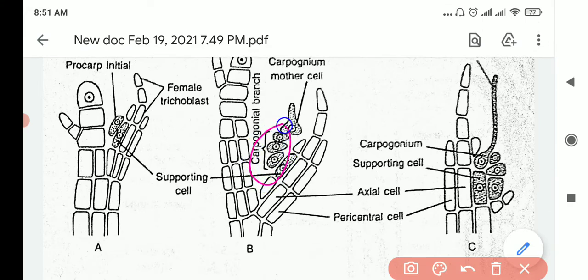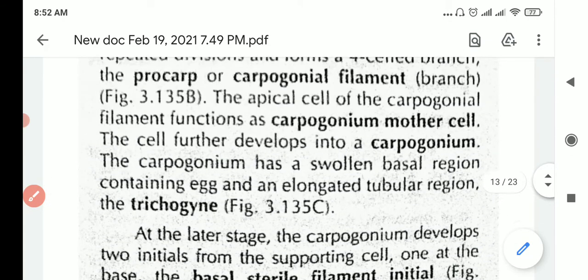These cells came from the procarp initial. This initial divided to form the carpogonial branch. Then this one, the topmost cell of the branch, will form the carpogonium mother cell. Okay, then let's go on again.